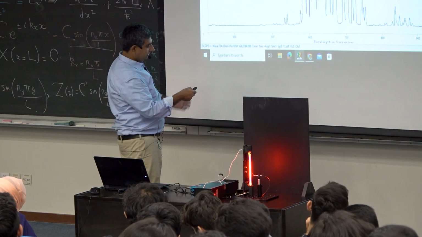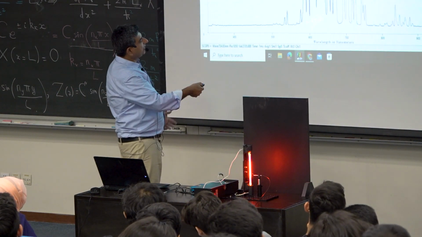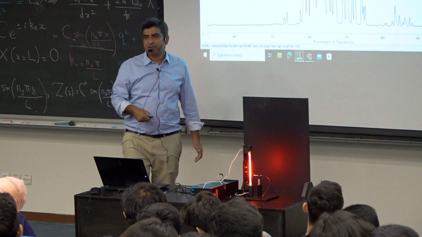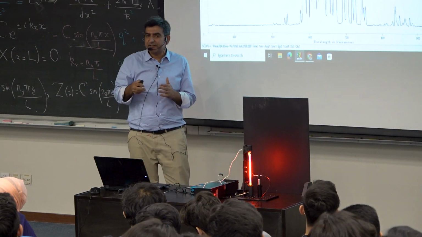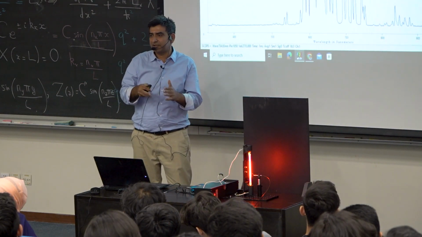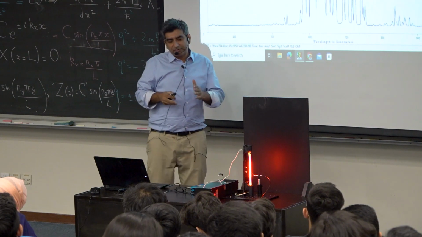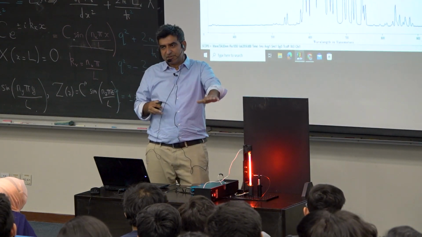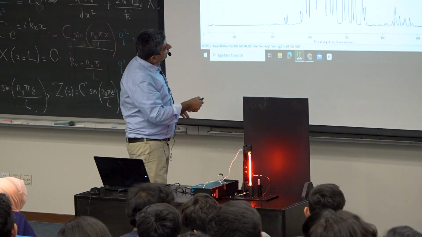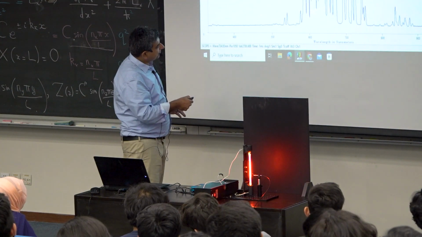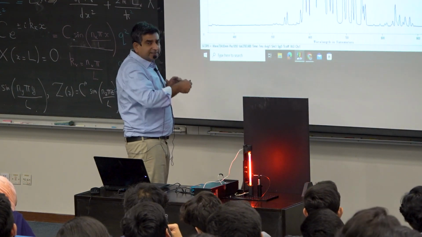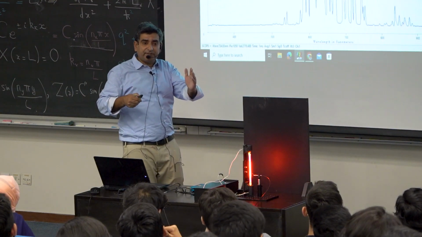The bulk of these peaks are around 600 and 700 nanometers. 630, 640 is red color, crimson red color. So that's why the discharge is of red color, because most of the peaks are in this regime. And each of these peaks, there's no lump here, lines.